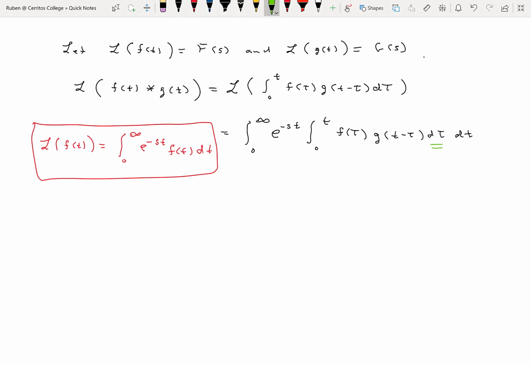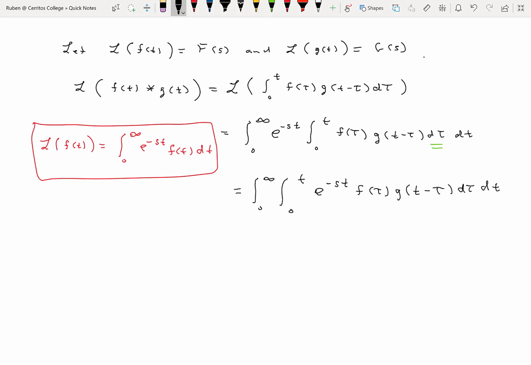So e to the minus st is constant with respect to integration with respect to tau. Okay, so now I'm going to do that. Simple steps: the integral from 0 to infinity, integral from 0 to t, of e to the negative st, f of tau, g of t minus tau, d tau, and then after that with respect to t.